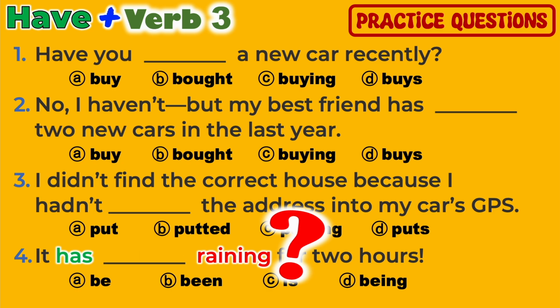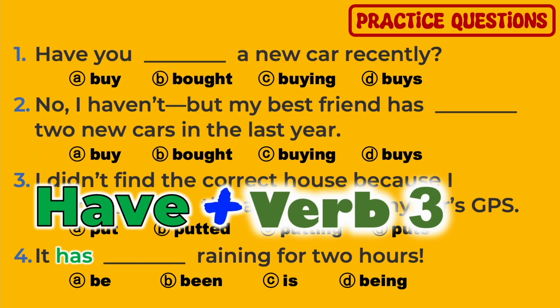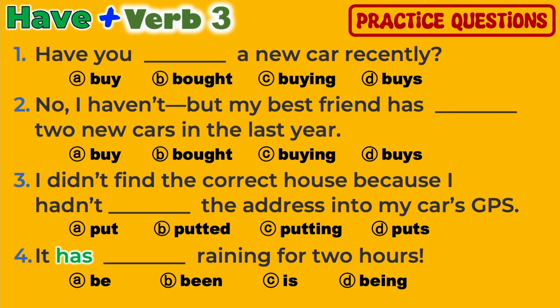Here's the advice. Ignore raining. The only thing you should care about is have followed by verb 3. Has comes from the have family, so just look for a verb 3. Verb 3 is been. Been is verb 3. So it has been raining for 2 hours. Okay, there they are.